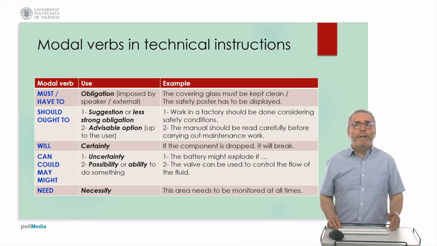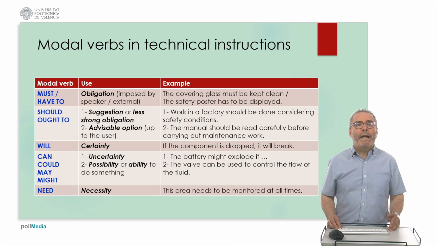Other modal verbs are also common in technical instructions. For example, will, that refers to a statement of which we are certain. If the component is dropped, it will break, for example. And we have a series of modal verbs related to the meaning of certainty, uncertainty, and possibility.